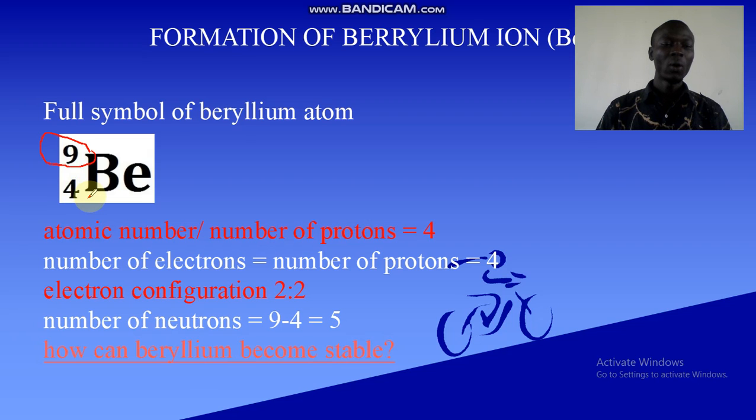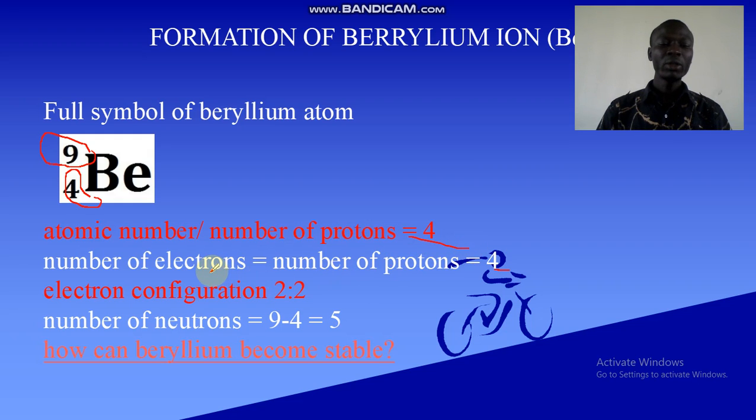And on the lower left-hand corner, we have the atomic number, which is 4, and it is the same as the number of protons. Now, because this beryllium atom is a neutral atom, the number of protons is equal to the number of electrons. So the number of electrons, therefore, is also 4.